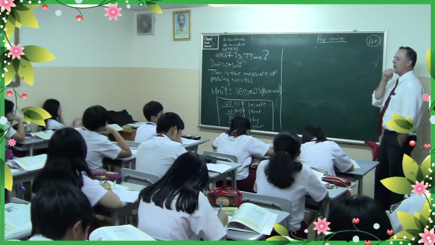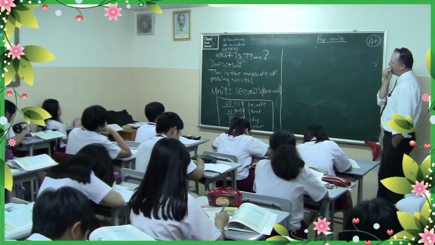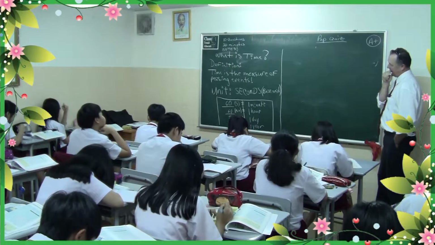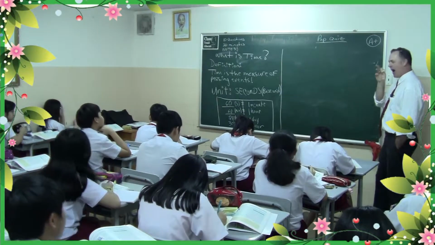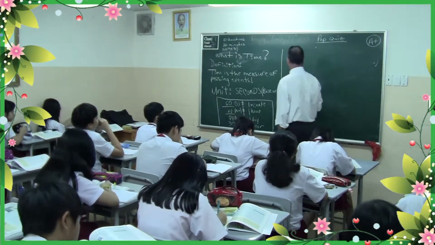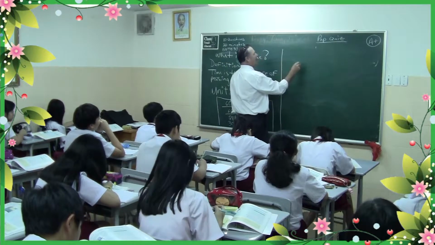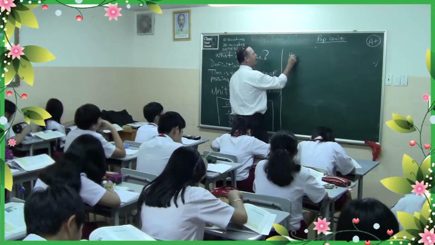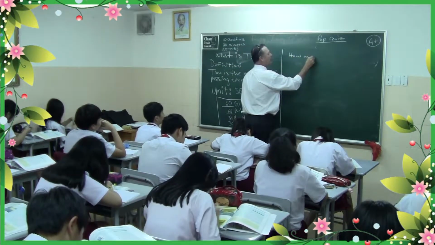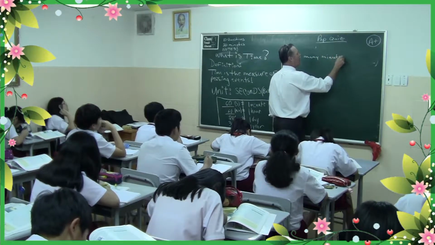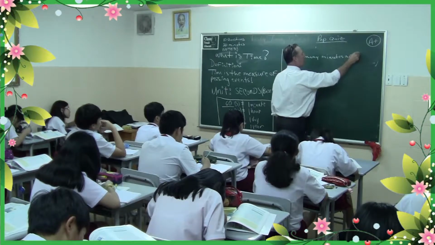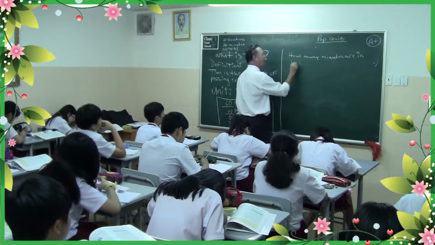What else do we need to know about time? Definition. We got the base units. We've got what it breaks down to. I'll give you one question. How many minutes are in 1 day?